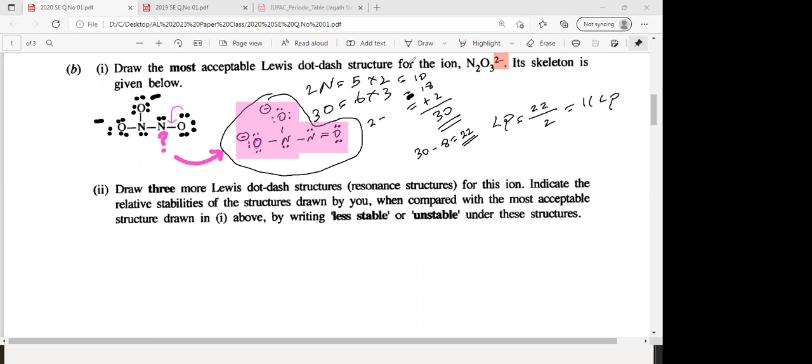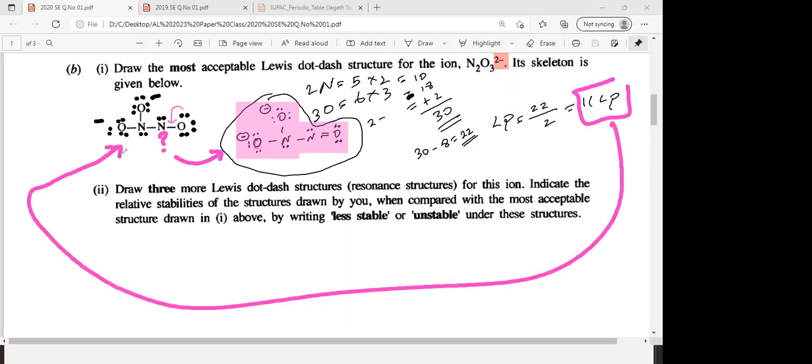Shall I move to the next one? If you have any doubt, please tell me. So I distributed the 11 lone pairs first on the most electronegative oxygen.